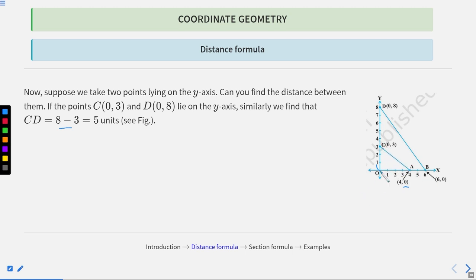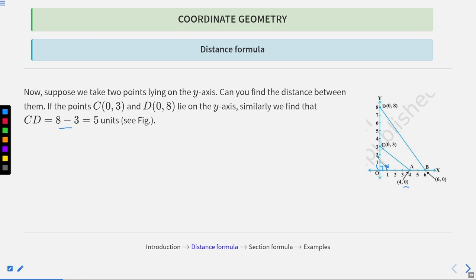If we take this triangle OAC, it is a right angle triangle since this angle is 90 degrees. The base OA is equal to 4 units, and the height OC is equal to 3 units.